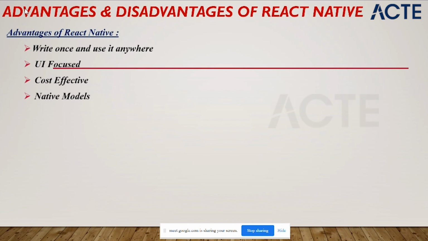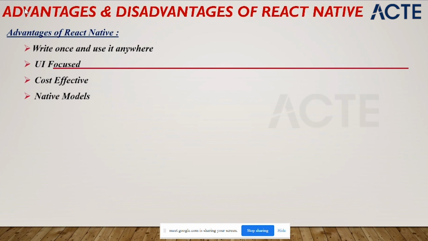Then another part is it's UI focused, because the UI part is a much more concerned part in React JS. So it's mostly focused on UI, not mostly related with your backend. Then the third is cost effective. Compared with your web application using React JS, using React Native is cost effective, because you won't take that much cost budgeting for developing a project using React Native, because it's only mobile based, not web based.